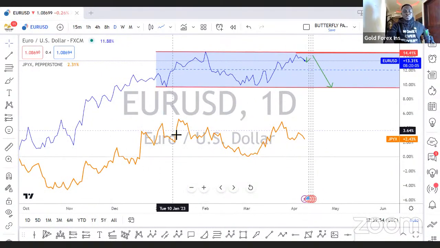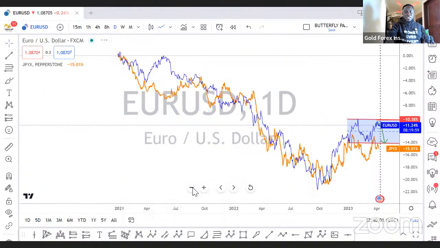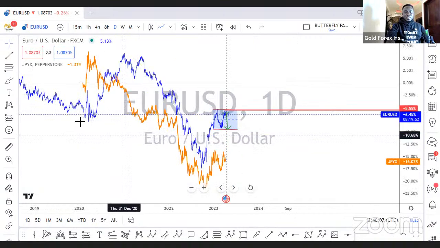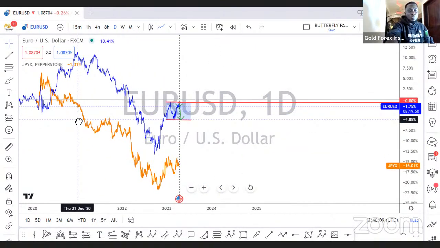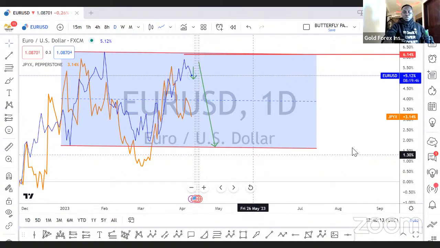Now, look at this. Over time, there has been some sort of direct relationship between the Euro USD and the yen. When you watch closely over here at the current spot, what do you see?